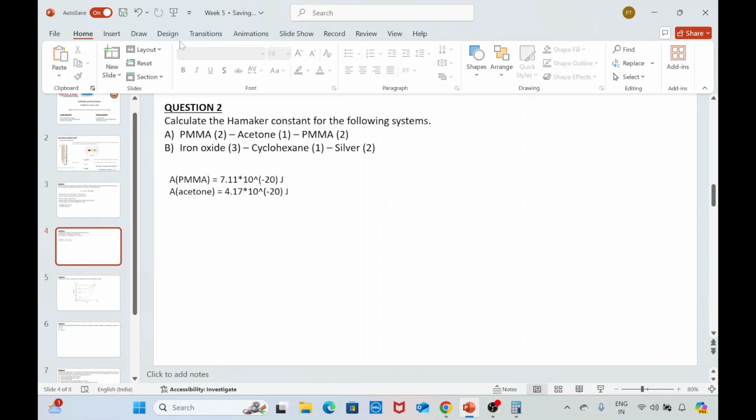So this is about the Hamaker's constant for PMMA and acetone.